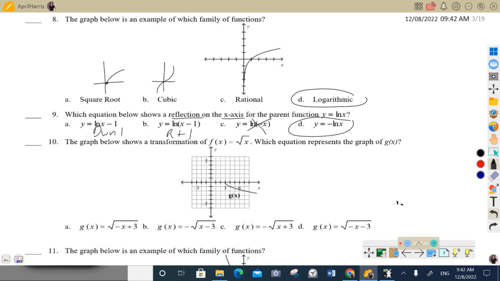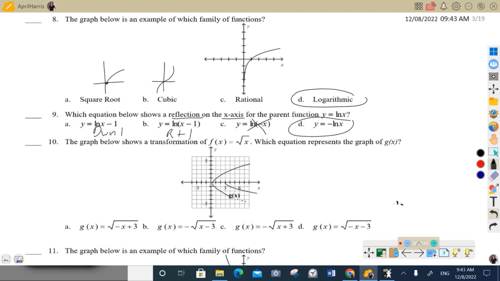Wake up. All right. Question 10 was the most missed question on test 1. I had the same question on test 2. People still missed it. So let's talk about it. The parent function, you should know it's obviously square root. Okay, so this is what square root looks like to begin with. Do you see a reflection? It reflects over the x-axis like this.